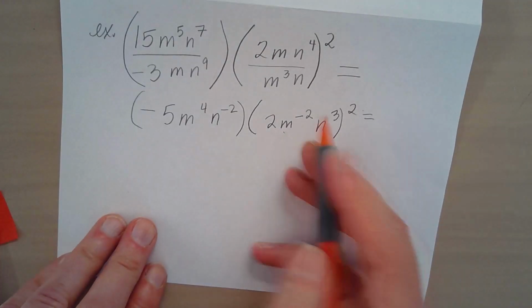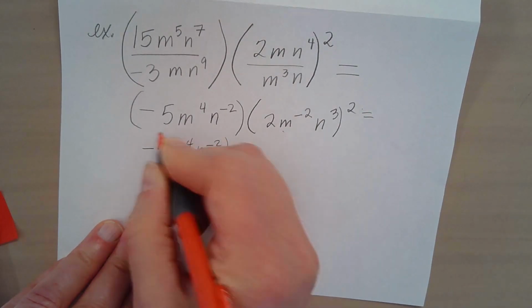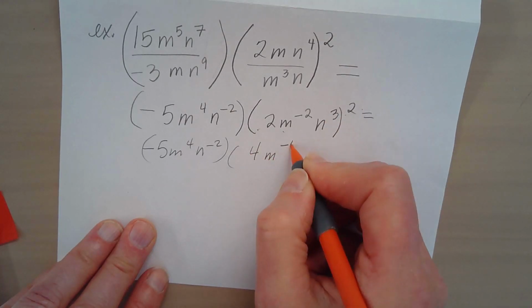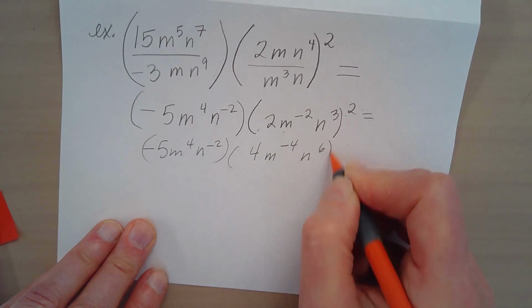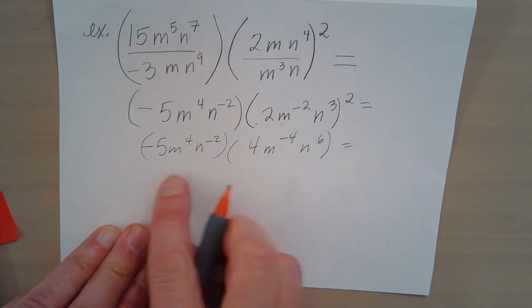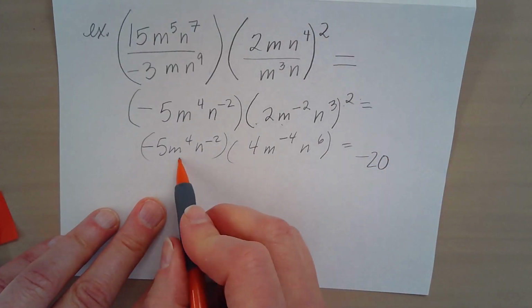Then I have to do this first. So this is just sitting waiting for me. So this is 4m to the -4, n6. Okay, last thing. Multiply, right? So I get my -20. What happens here?